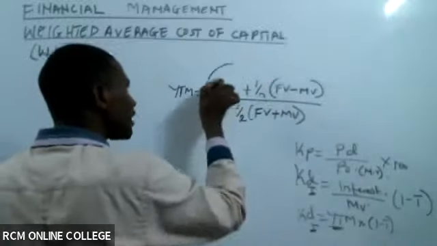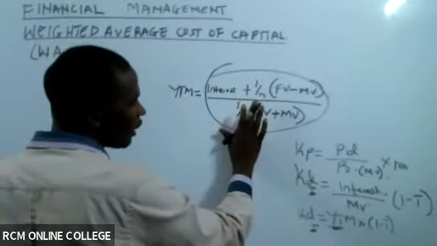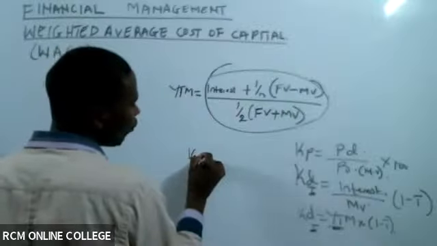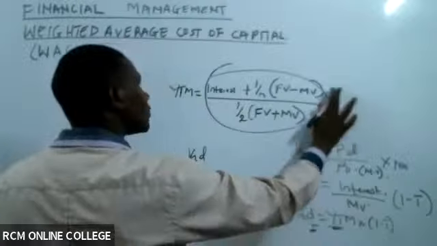Now, this is for YTM alone. If you want to get the KD of that, remember you have to adjust for tax, 1 minus T.